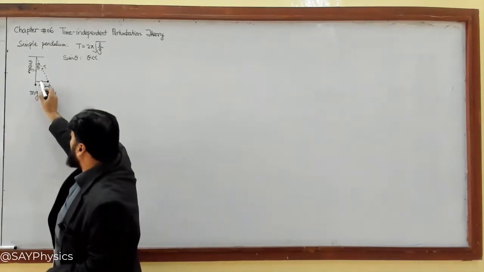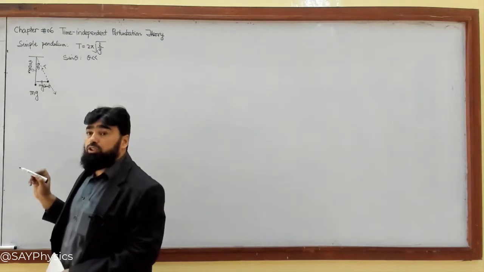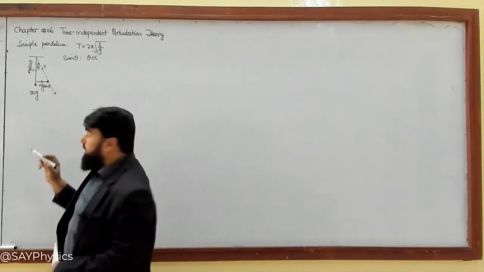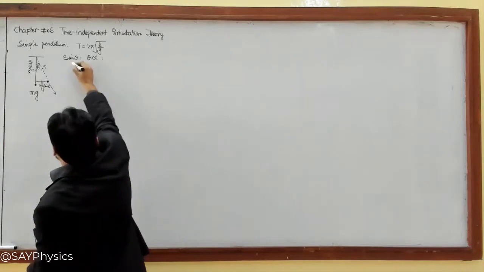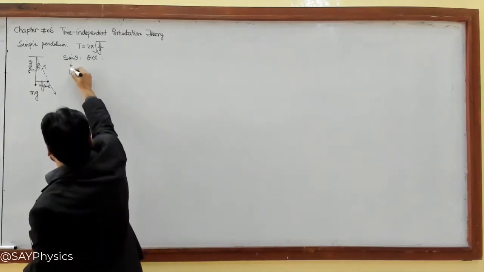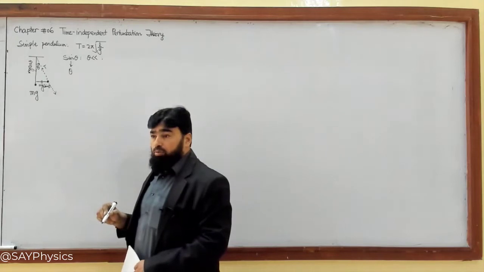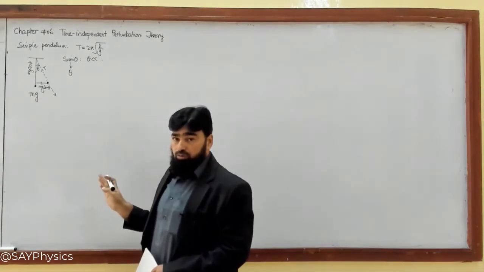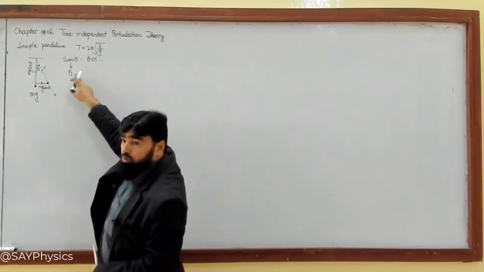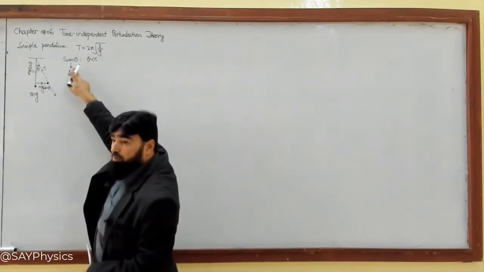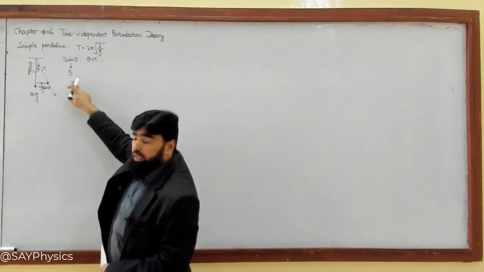So the amplitude of this oscillation is extremely small. Then sin θ just goes to θ, because sin 0 is 0, and when theta is close to 0, sin θ is almost equal to θ.